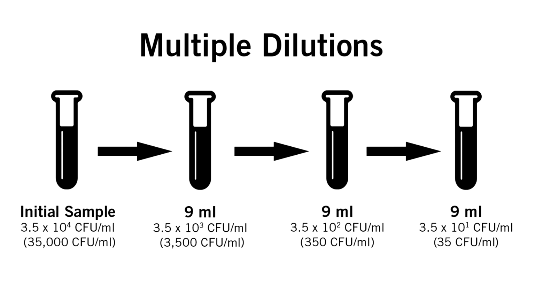We would take 1 milliliter from the initial tube and place it in 9 milliliters. This would equal 3,500 CFU per milliliter, or 10 to the third. Another dilution would take the concentration to 350 CFU per milliliter, or 10 to the second, and the final dilution would equal 35 CFU per mil, our target concentration.